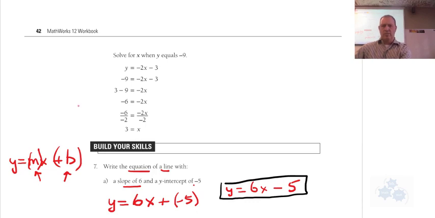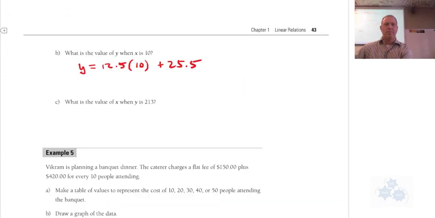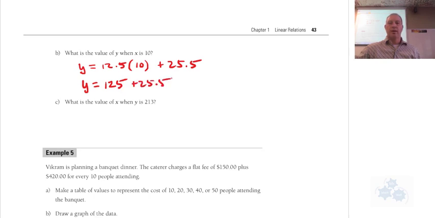Did I just make sure I remember here? 12.5, 25.5, okay. So we simply put in 10 in for x, and then multiply everything out and go from there. So this is going to be 125 plus 25.5. That's going to be y equals 150.5.